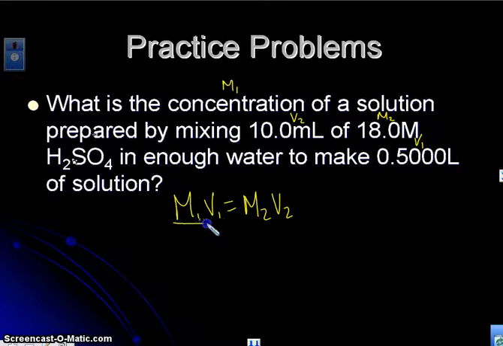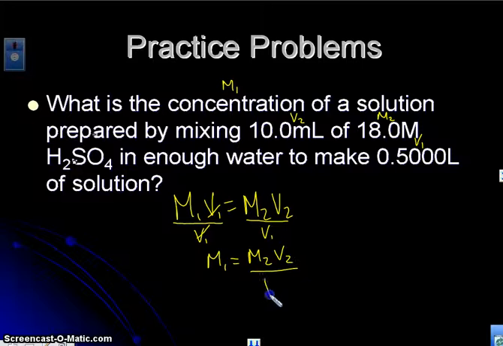So let's solve it algebraically. To get M1 by itself, we're going to divide both sides by V1, and these two will cancel. You can see that M1 is going to equal M2 V2 divided by V1.